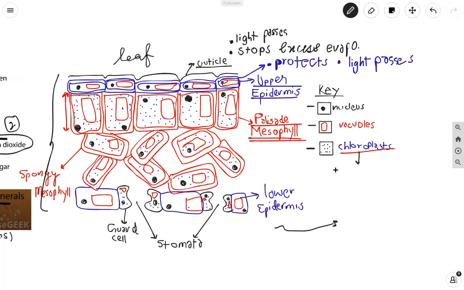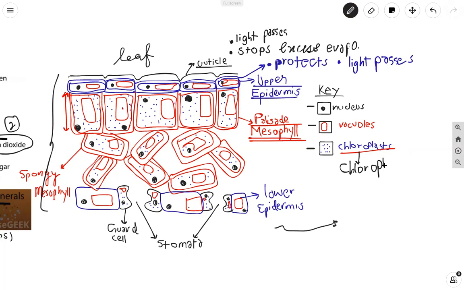And what chloroplasts in turn contain is chlorophyll. You might have heard this word before. It is the substance or the chemical which gives the leaves their green pigment.